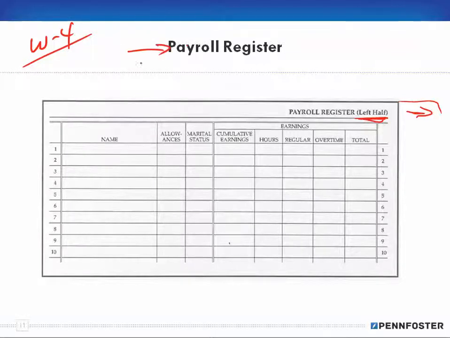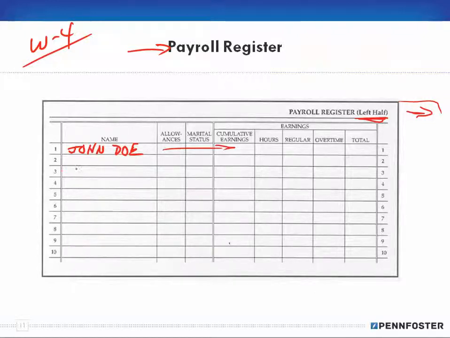They'll create a payroll register, or add you, so this is John Doe, if they're using this one, okay, and they'll fill it when it comes time to do payroll. They'll do all the calculations and fill out all of these columns in order to calculate your paycheck so that they have a record to know how much you were paid and what the deductions were for each and every individual, each and every paycheck.